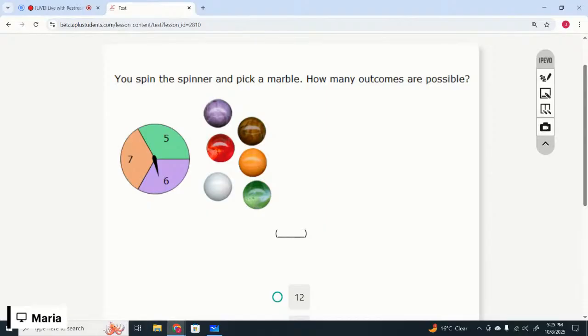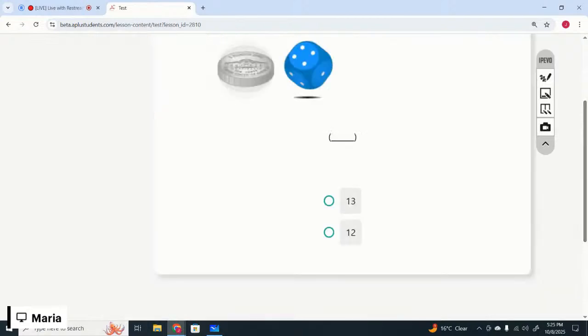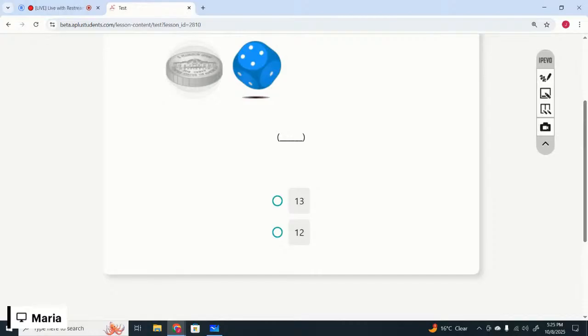You spin the spinner and pick a marble. How many outcomes are possible? That is 6 times 3 is 18. Option number 2 is the correct option.